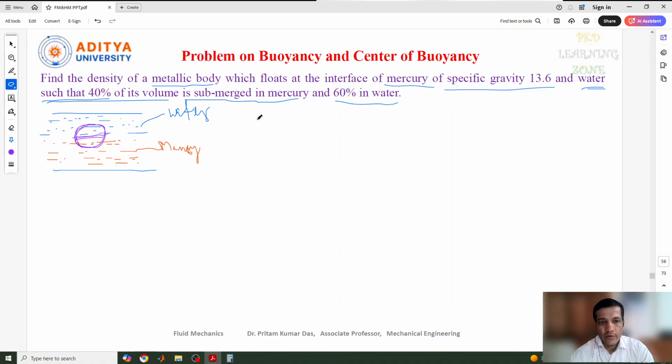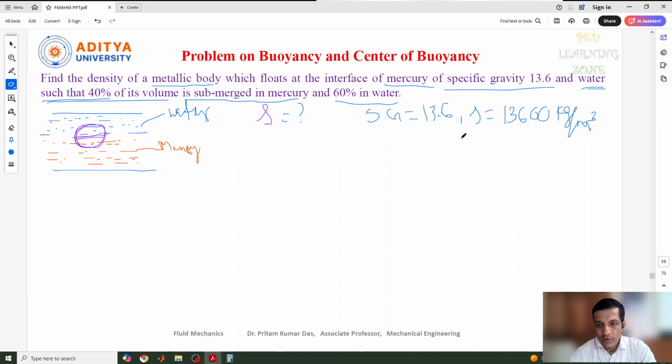So we need to find out the density of this metallic body. Let's check whether any other data are given. No, only specific gravity is given. Specific gravity of mercury is 13.6, so the density of mercury is multiplied by 1000, we get 13,600 kg per meter cube.